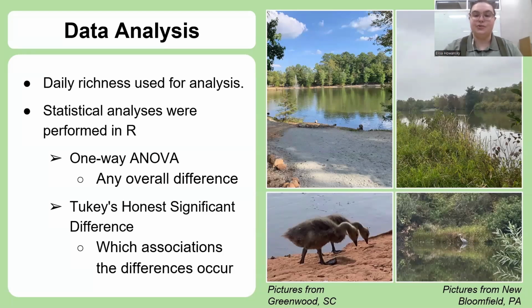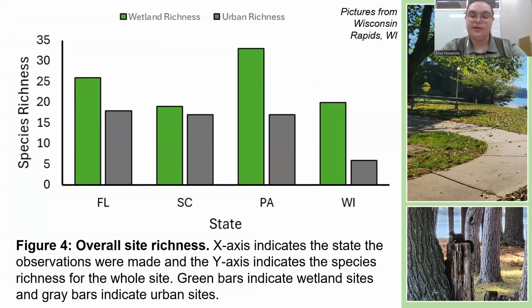And here shown on the right, on the left pictures are from our Greenwood wetland site, and on the right is pictures from our Pennsylvania site. What you're seeing right now is our overall site species richness. On the y-axis, you see overall site species richness, and on the x-axis, you see state.